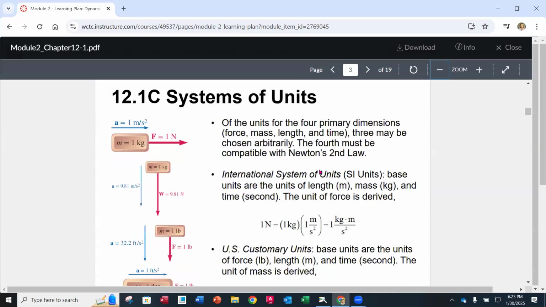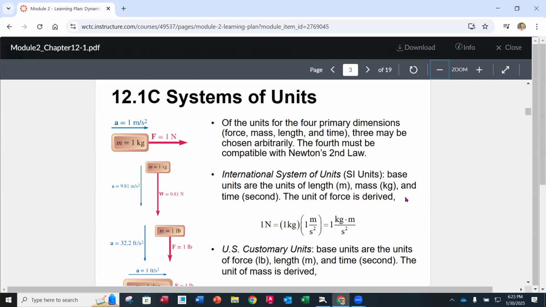Okay. Now, systems of units. So in this section here, we are going to be looking at 2 different types of units and problems that we encounter. So we're going to have what we call SI units or international system of units. And then we also have our US customary or English units as they're referred to.